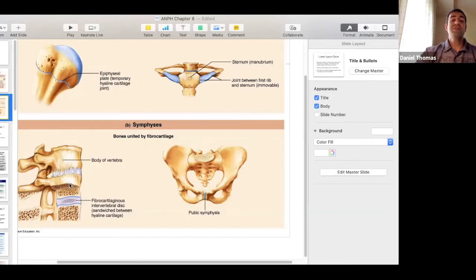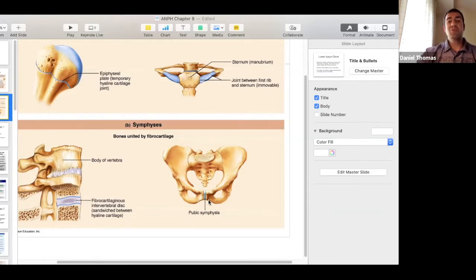What they are is that there's actually hyaline cartilage connected on the end of the disc, and then the center, almost like the jelly inside, which we'll call the nucleus, is actually the fibrocartilage aspect of it. And by the way, anything in the center of a structure is called a nucleus. Doesn't matter if it's a cell or an intervertebral disc. The nucleus is the center of a structure.